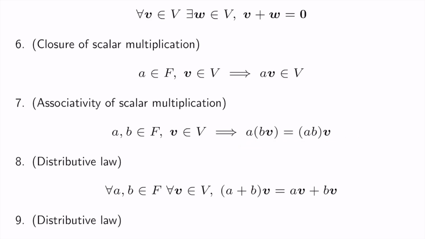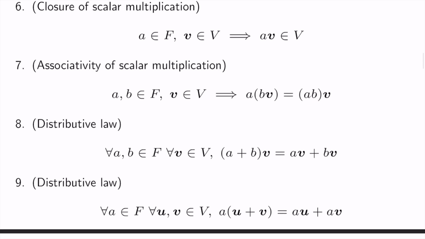So two kinds of multiplication appear here. This b times v is scalar multiplication between a field element b and a vector element v. And this one, a times b, is multiplication between two elements of the field F.